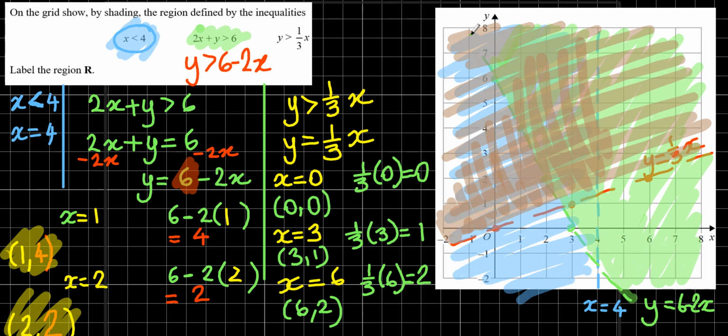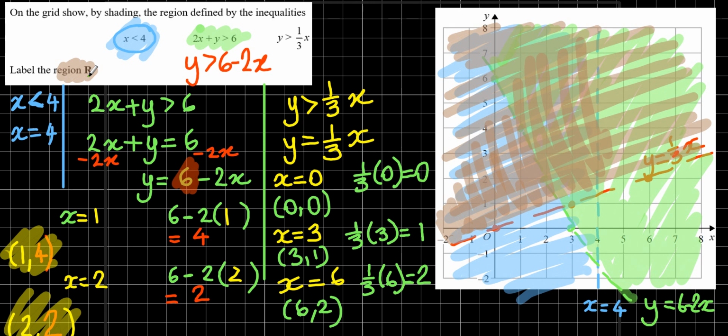Now, obviously, in the exam, you're not going to start shading everything in, because if you do that, you won't be able to show where you're shading altogether, because you need to label a region R. The region R is where all the shading actually overlaps.